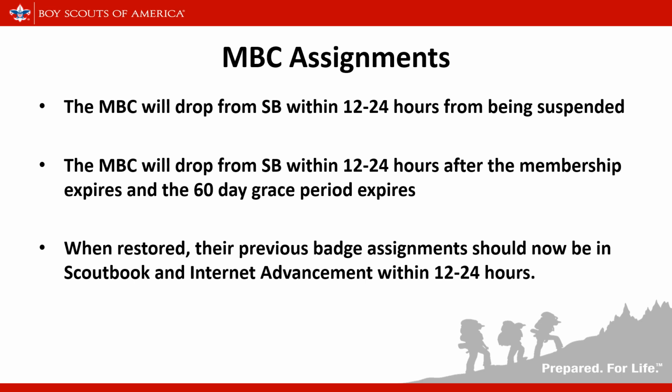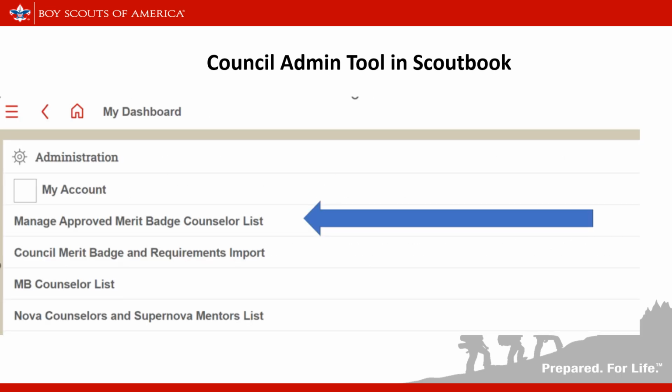Now, as of a couple of months ago, when you expire and renew them, or you suspend and renew them, when they are renewed, all of the merit badges that they had previously will show up in Scoutbook. Also, if they were connected to any scouts, that connection will still be there.